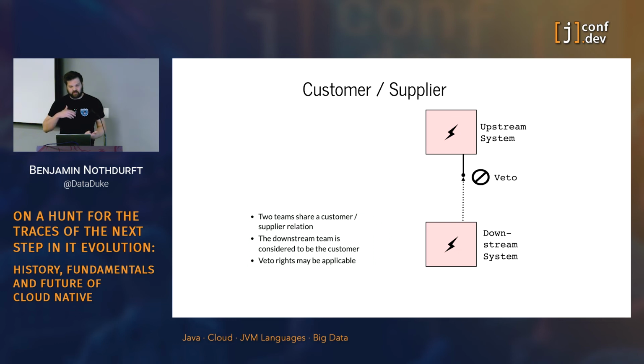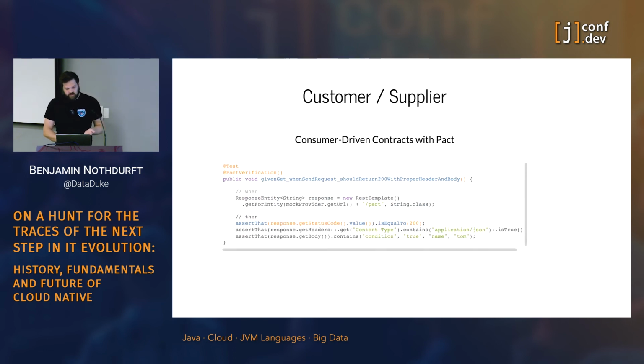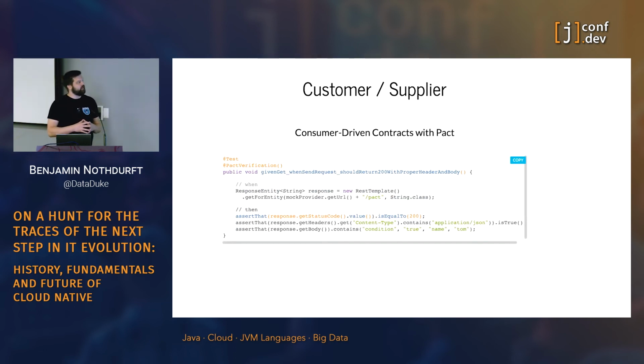So you get incoming requests, and the team that is maintaining the upstream system needs to fulfill everything that the downstream system needs. And sometimes there might be negotiations, so they have a veto right and say, no, we do not want to implement another endpoint just for your needs because we have a similar one, please use this one. But this is very common within a lot of microservice landscapes.